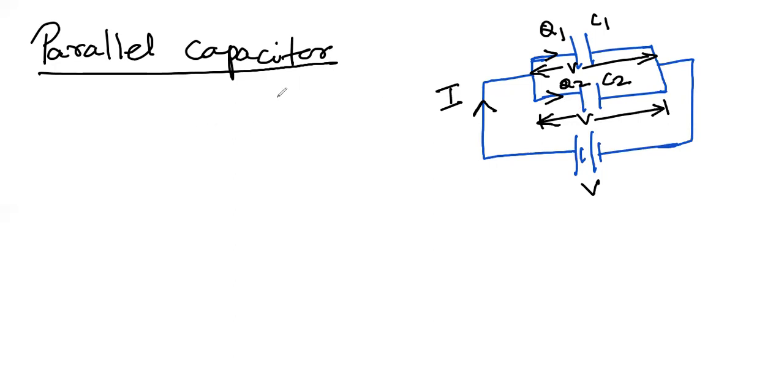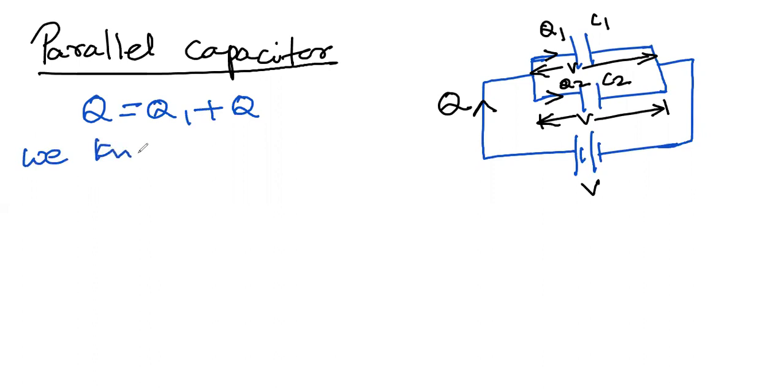Now from the circuit diagram, we can write Q is equal to Q1 plus Q2, because if I erase this and label this as Q, it's Q1 plus Q2. Now, what is Q? Again, we know that C is equal to Q over V, or Q is equal to CV.